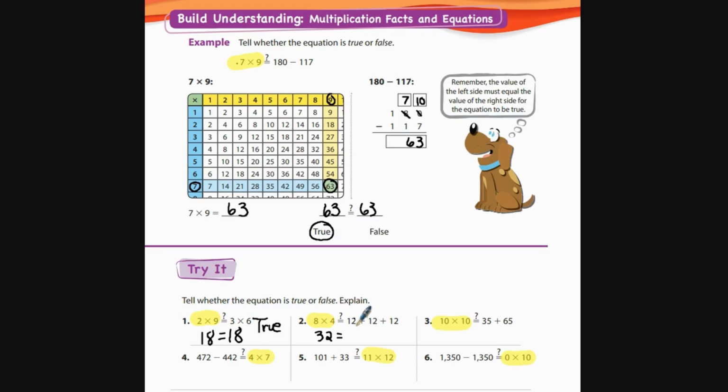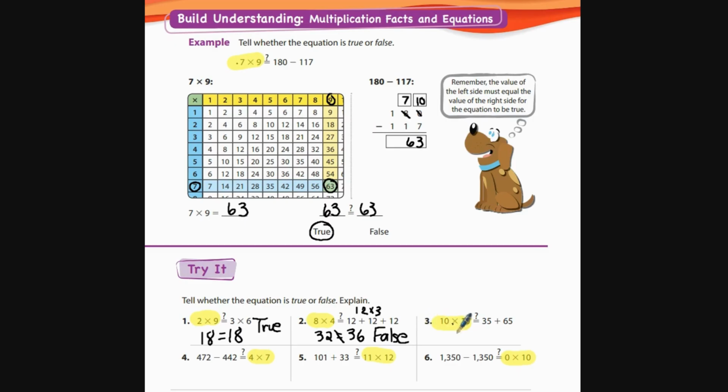Well, boys and girls, that's the same thing as saying 12 times 3. Well, 12 times 3 we learned was 36. Wait a minute. That's not the same number. So guess what? We're going to cross that out, meaning that 32 is not equal to 36. And we are going to name that equation false.